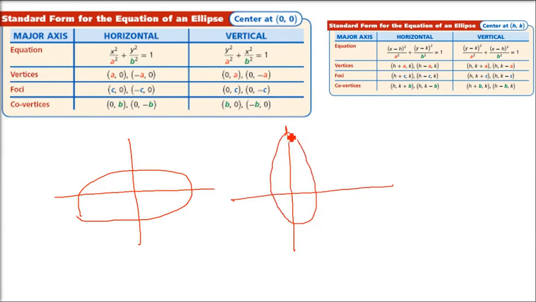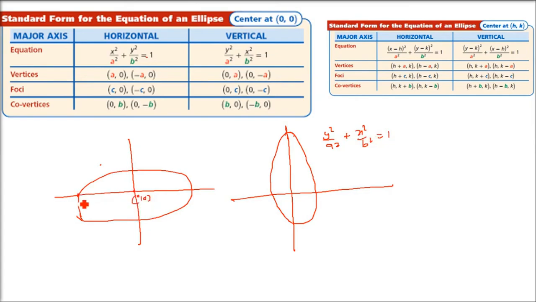In the horizontal ellipse, the major axis is on the x-axis. Again, my handwriting and drawing is not very good, so excuse that. For the horizontal we have x square by a square plus y square by b square equals 1, and for the vertical it will be x square by b square plus y square by a square equals 1. Just remember that a and b, and x and y, are shifting places.